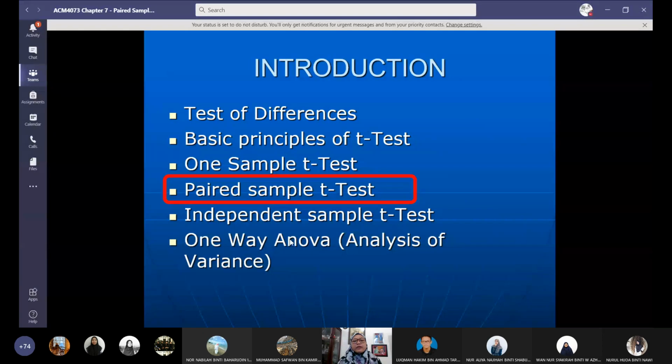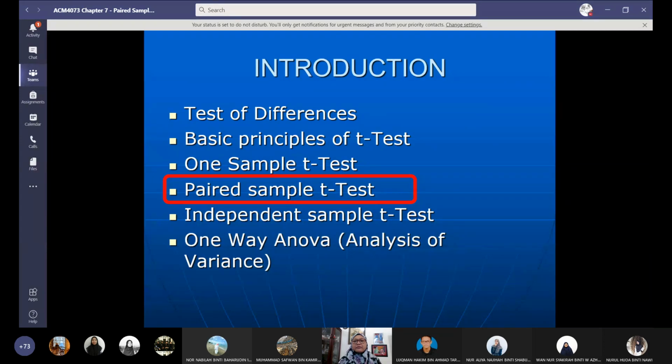But one-way ANOVA, analysis of variance, is different. It looks at differences too, but the independent variable can consist of more than two answers. For example, name of school, education. So your answers for education usually involve more than two.